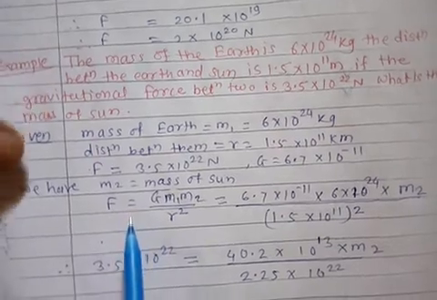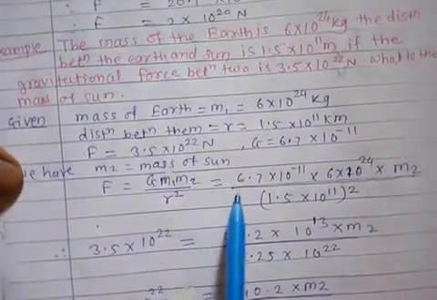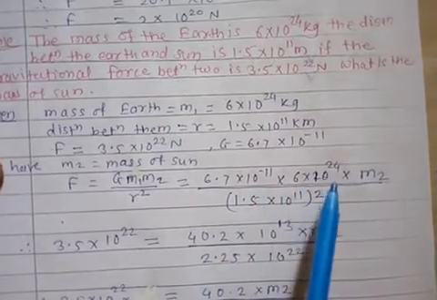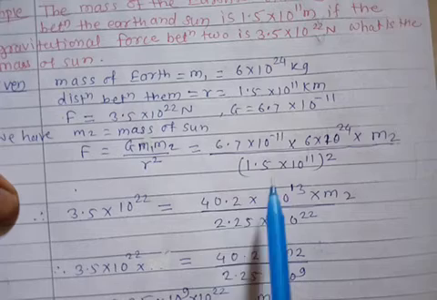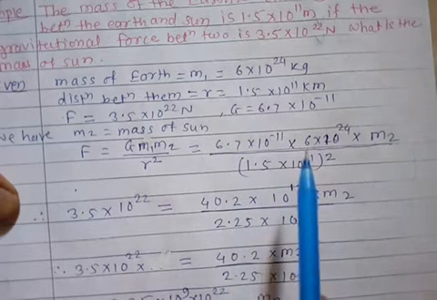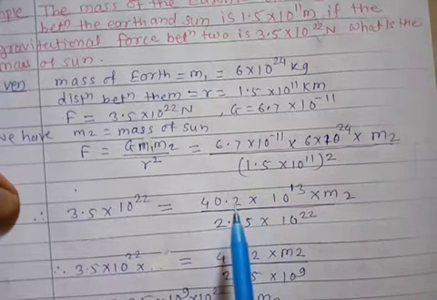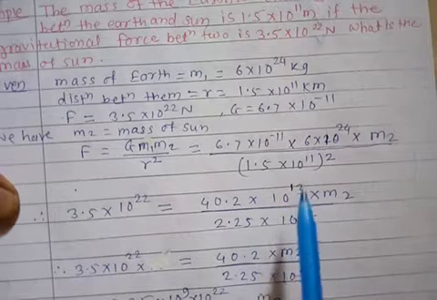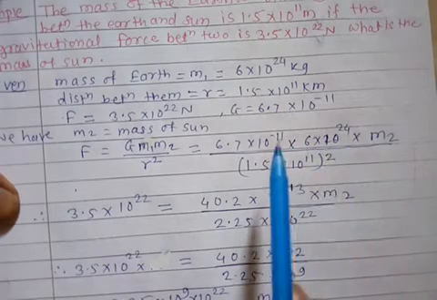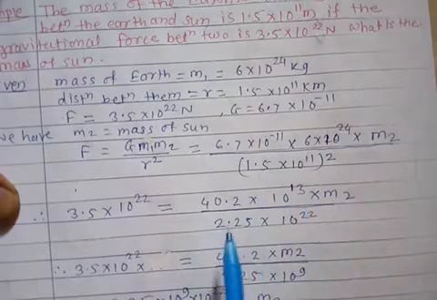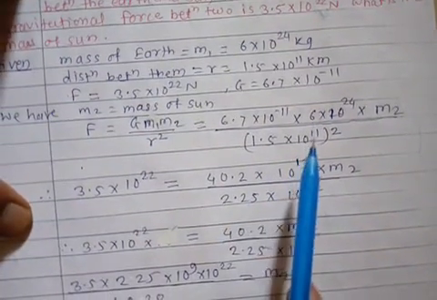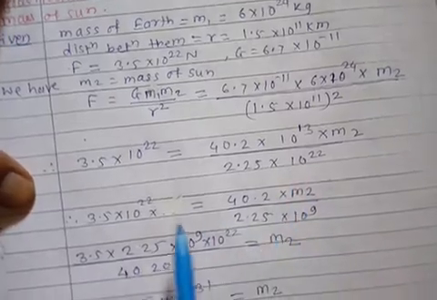Formula: F equals G m1 m2 divided by r square, where G equals 6.7 into 10 raised to minus 11. Put these values here: 3.5 into 10 raised to 22. 6.7 into 6, we get 40.2. That is 24 minus 11, that is 13, into m2. Its square is 2.25 into 10 raised to 22.